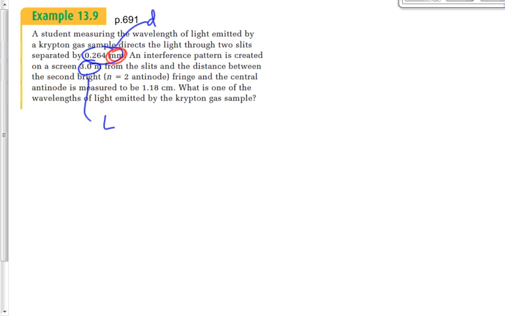The distance from the slits to the screen. The distance between the second bright spot and the central bright spot is 1.18 centimeters. This is going to be x, the distance from bright spot to bright spot, although we don't want to be in centimeters there. What's the wavelength of the light emitted by krypton gas? We didn't know what n is too, right?